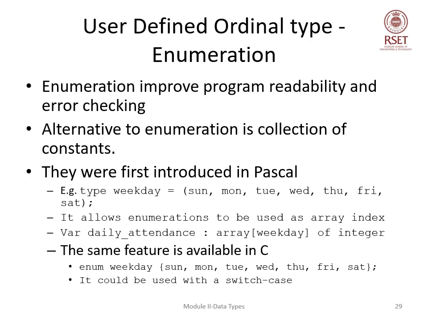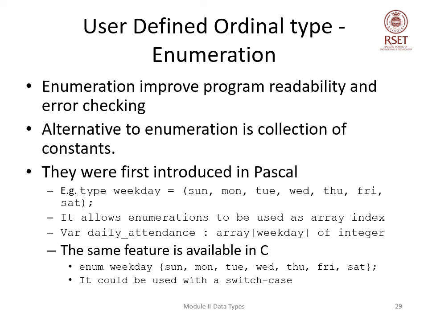Enumeration is a user-defined data type that was introduced in Pascal, and it was used for improving the program readability and error checking. For example, in Pascal, the type weekday can take the values Sunday, Monday, Tuesday, Wednesday, Thursday, etc. up to Saturday.